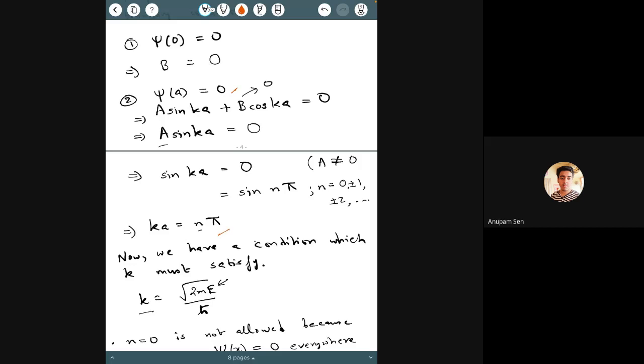This quantization appears in different ways. It's not always from a boundary condition. For different models it comes from different sources. When we do the harmonic oscillator, this n will come from a different source. When you do the hydrogen atom, you will get more than one quantum number: the main quantum number n, then the angular quantum number L. They come in from different sources, but they always come in.